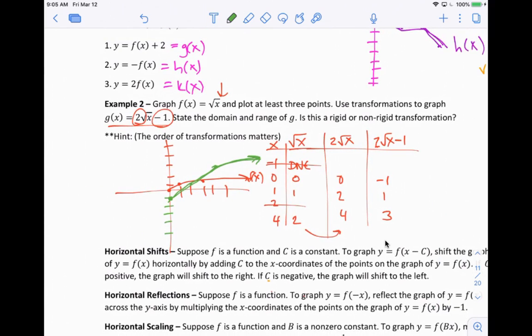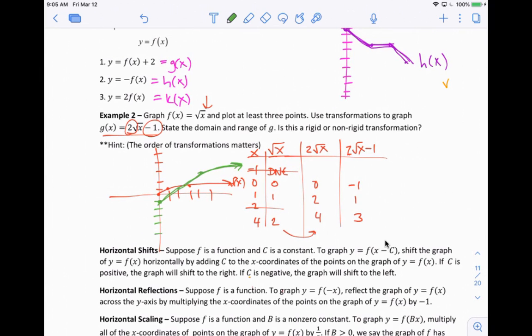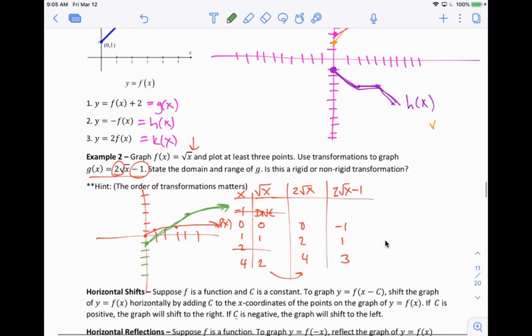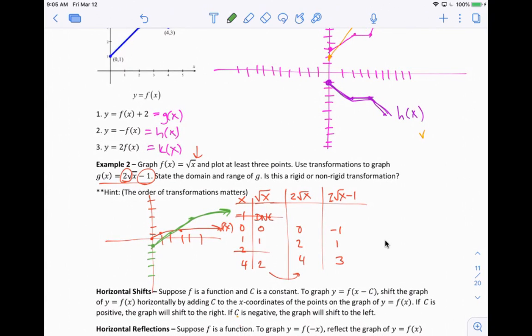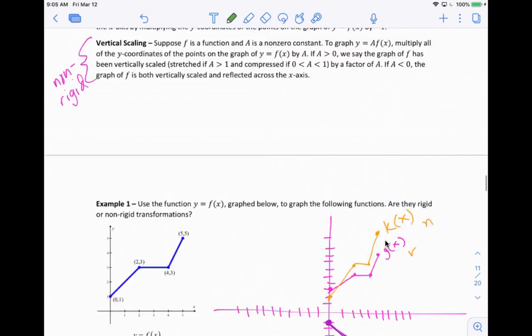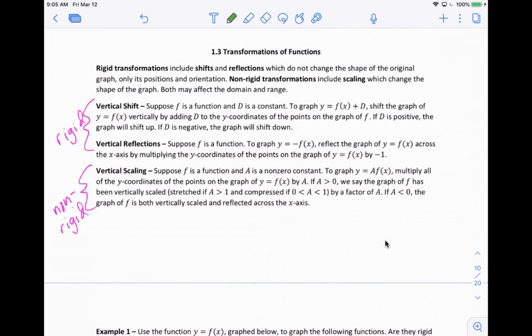Beautiful. There's no negative in front of that 2, so we didn't reflect over the x-axis. All right, those are the y stretches, or the vertical transformations, all applied to the y. The next ones we're going to talk about are going to be applied to the x, and we're going to see horizontal transformations. A lot of the similar things.